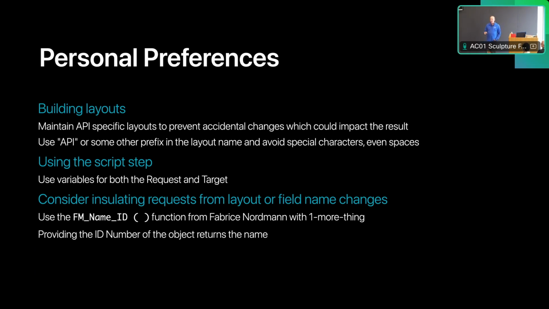So as long as you identify what the number is when you first set it up, it doesn't matter what the name changes to. This function will give you the name when you need to insert it into your calculation to create your request. I'm sure there are other custom functions out there that people have developed. You may have even developed your own. This just happens to be the one that I use.